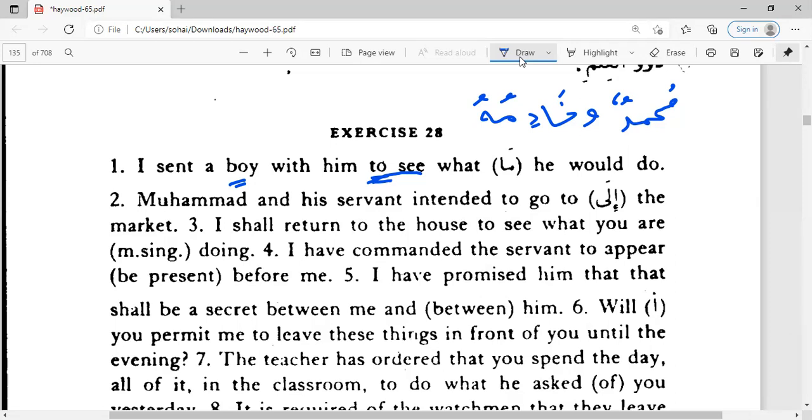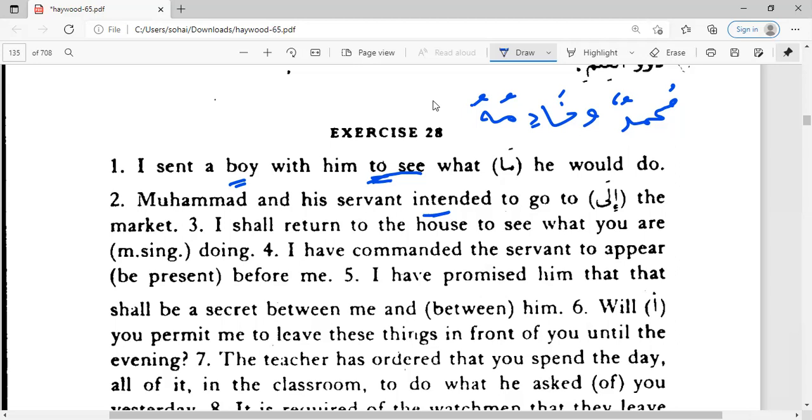Okay, qasada, yaqsudu. So here, Muhammad intended, past tense, right? Muhammad intended. Can you hear me? No, I didn't hear you. What did you say? Qasada Muhammadun khadimuhu. What's next?